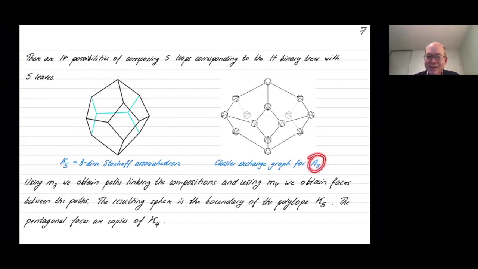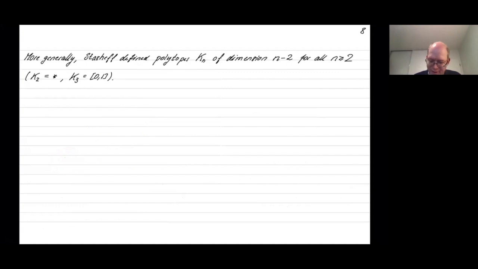The cluster exchange graph for A2 is a pentagon, and for A1, just an interval. Okay. Now, what happens if we go further? Well, Stasheff went further, and he defined higher polytopes, Kn, which parameterize families of n-ary operations on loops.